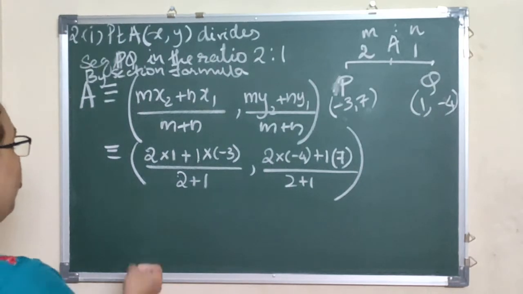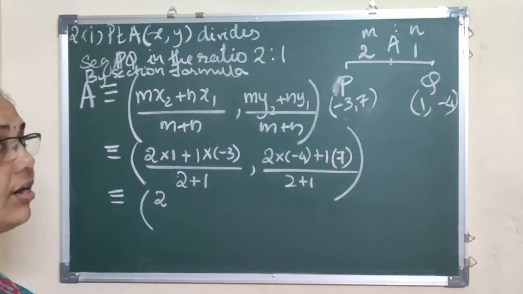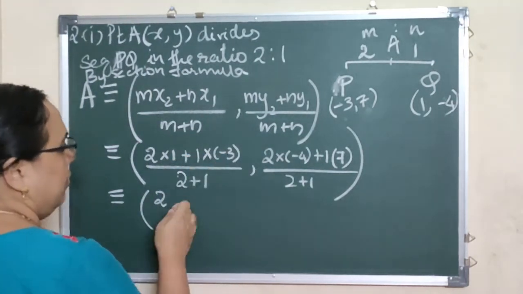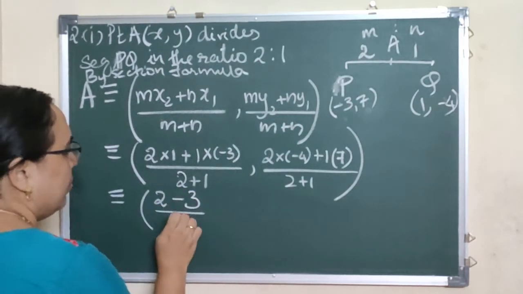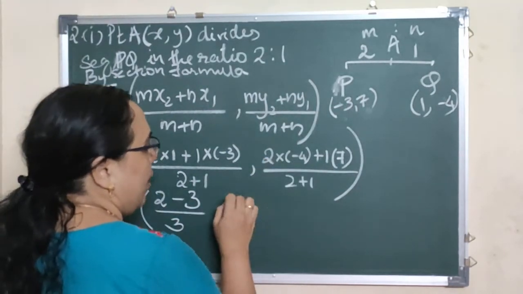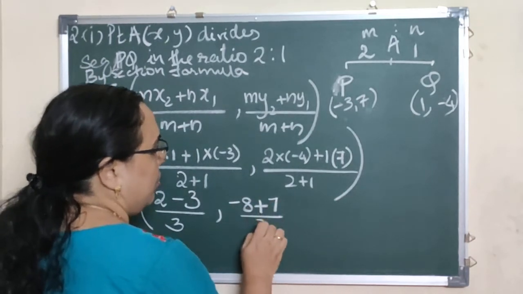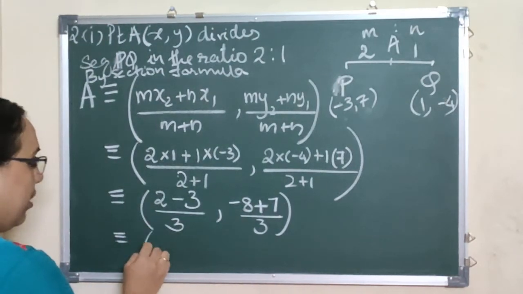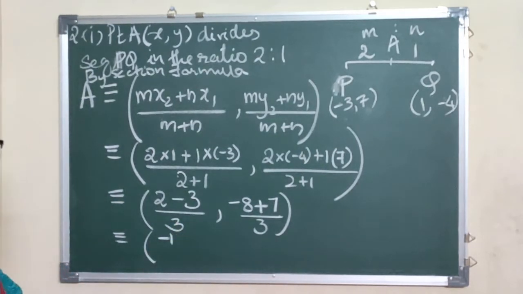Quickly tell me, what is 2 ones are? Yes, 2. 1 into -3, so it becomes -3. Very good. 2 plus 1 is 3. Put a comma. Here you have -8 plus 7 upon 3. Okay, so what do we get now? Yes, 2 minus 3 is 1 with a minus sign.